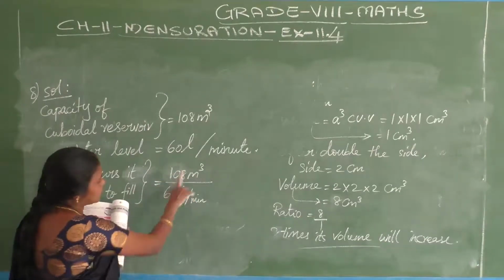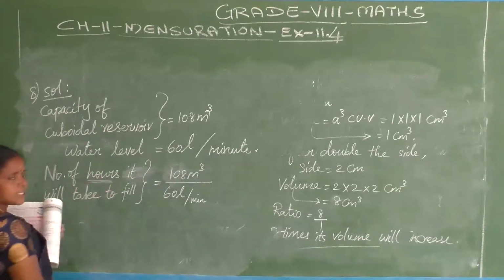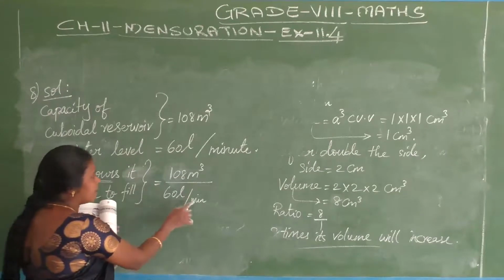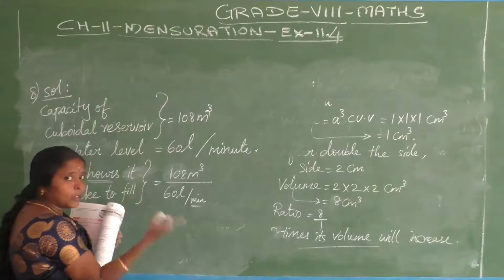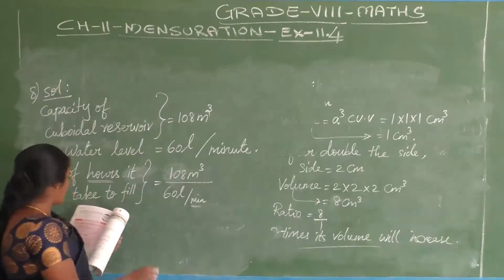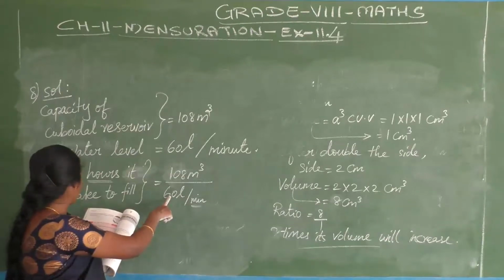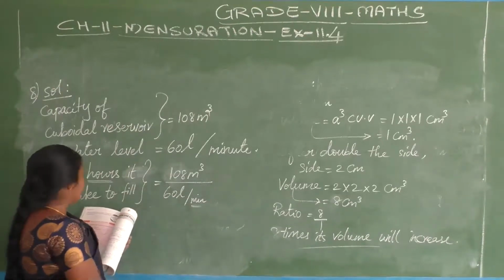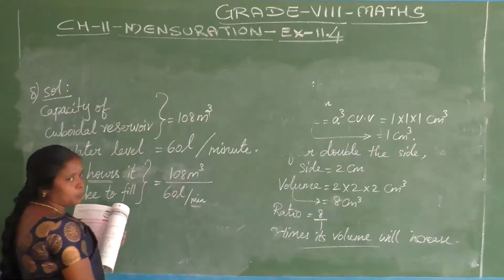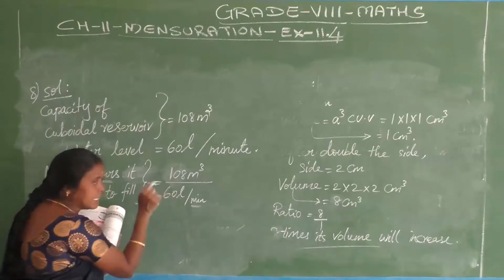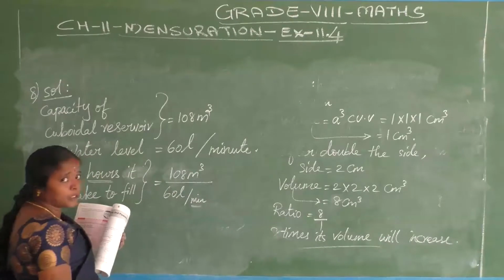And also if you watch the units, here they are asking for the number of hours. They mentioned the pouring rate in minutes, so the minutes have to be converted into hours. Also, the volume of the tank is mentioned in meter cube, but here it is mentioned in liters. So a little bit of conversion work is to be done.